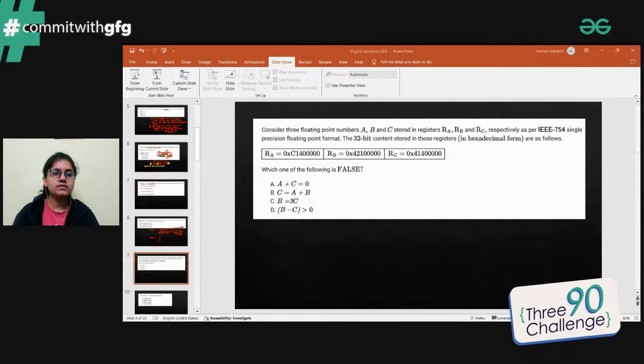So what are the answers we got here? For RA, the value is -12. For RB, the value is 36. Now, can you similarly calculate the value for RC?